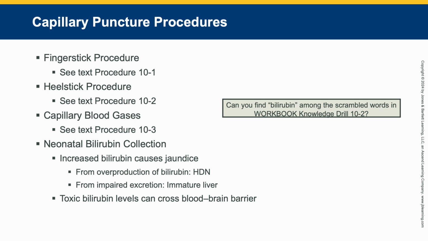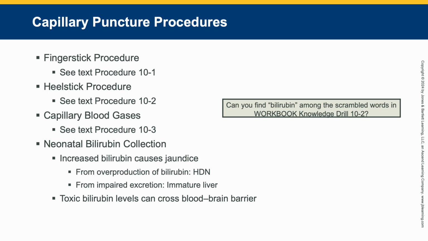If they have overproduction of bilirubin, then they may have what is called hemolytic disease of the newborn. And so in this case, you need to be aware that they are going to be checking these bilirubins on these babies every day, if not 2 times a day, checking to see if their bilirubin levels are coming down.